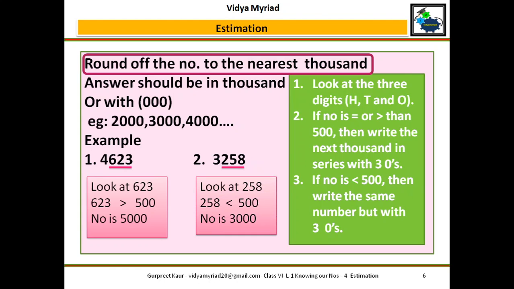So my answer comes to 3000 only. So children, you need to see how many zeros are required. Accordingly, you will check whether you want 5, you want 50, or you need 500 or 5000. Depending upon that, the answer should be formed.